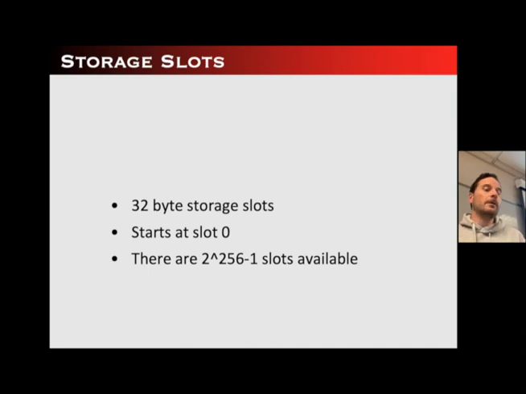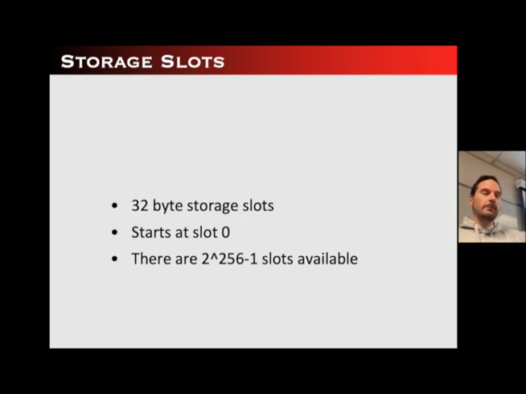Storage slots. So storage slots is essentially the location where contract state variables are being stored. And each storage slot is of size 32 bytes, and it essentially starts at 0.